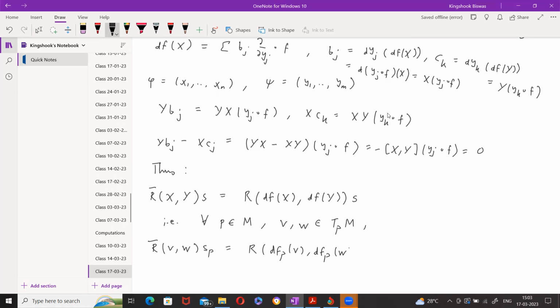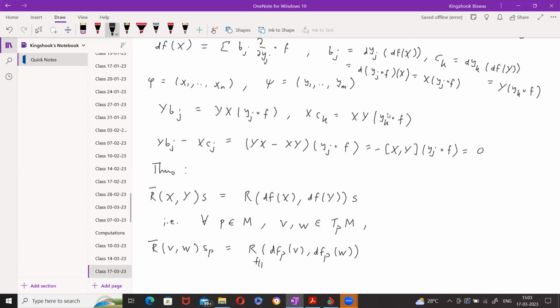So this R of (df_p v, df_p w) is an endomorphism of E at f(p), right? Because R is the curvature of E. So this is R at f(p).